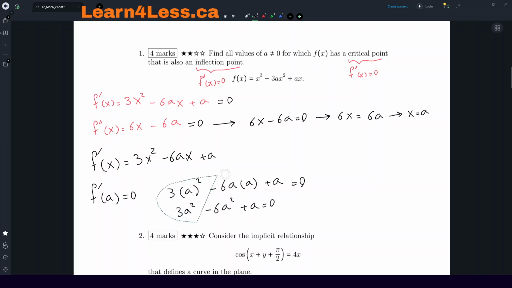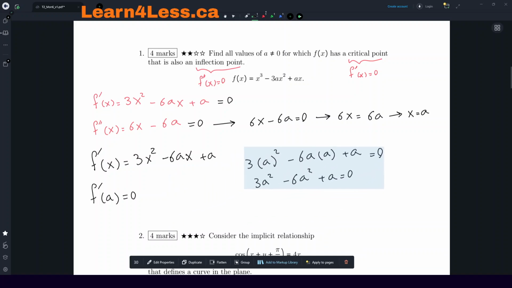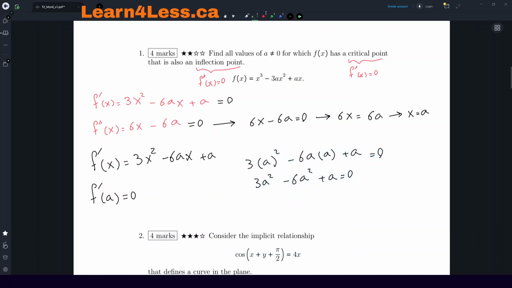And we can simplify that. 3a squared minus 6a squared is negative 3a squared plus a is equal to 0. And we can factor a out. So a times negative 3a plus 1 is equal to 0. So there are two ways.